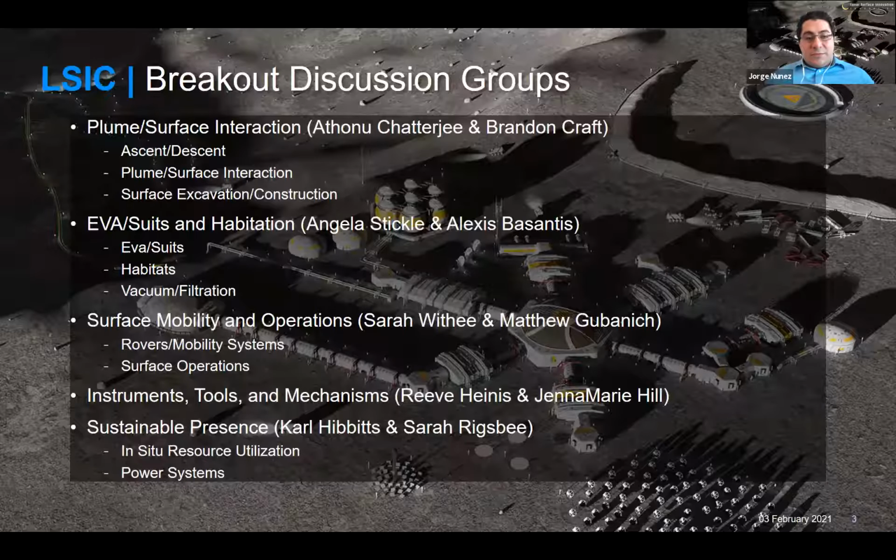Here are the breakout groups. We have Plume Surface Interaction, which is led by Atanu Chatterjee and Brendan Kraft. Within that, we included ascent and descent systems, plume surface interaction, surface excavation, and construction, especially as it relates to surface modification to prevent ejecta damage. Then we also have EVA and suits and habitation, since they're very much related, and we want to know how we keep dust out of the habitat.